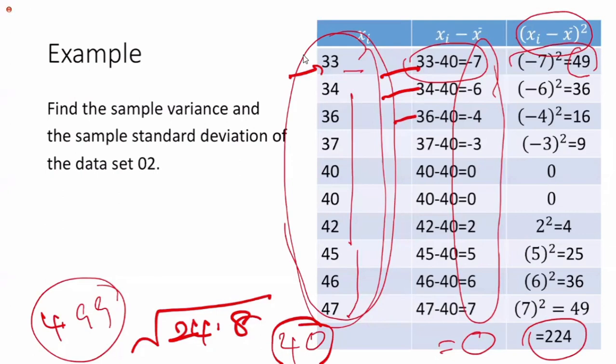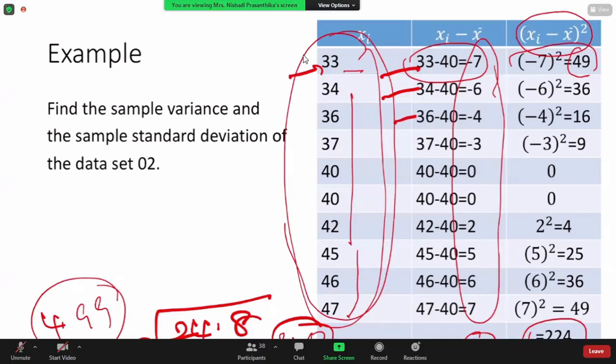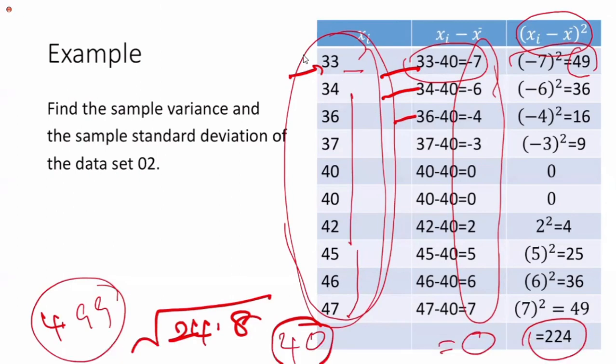Range indicates the size of the data set. Then we can find their population or sample variance or standard deviation. If it is a consistent data set, we need to minimize this variance.